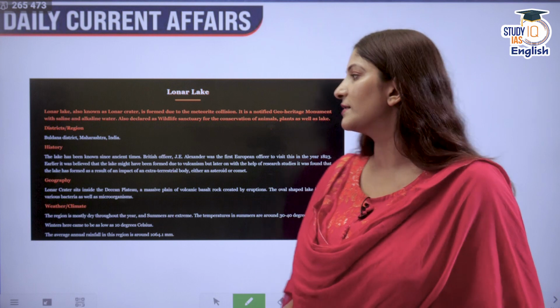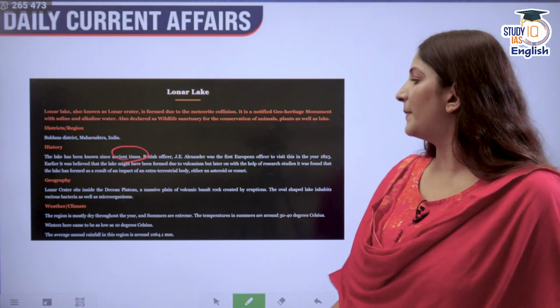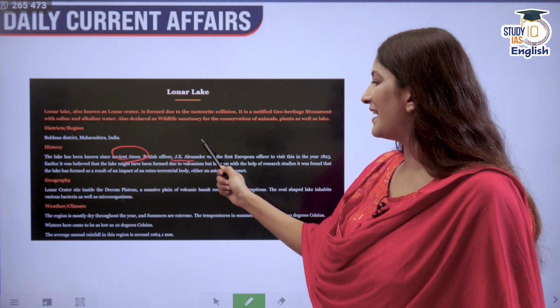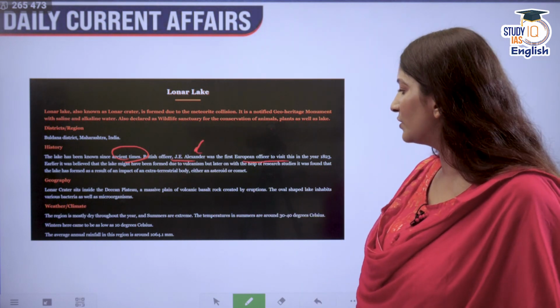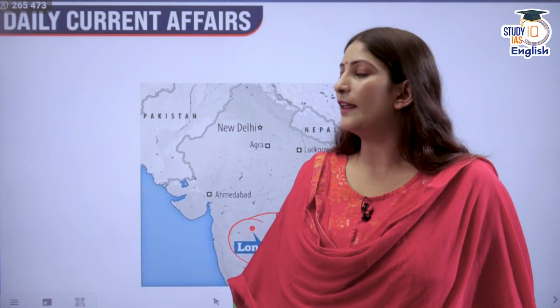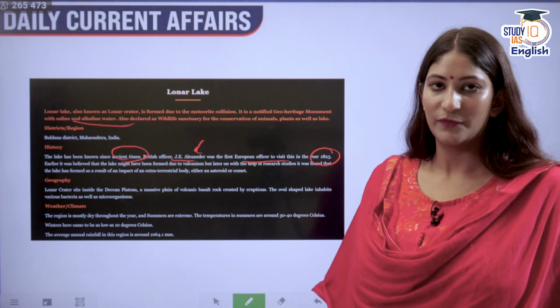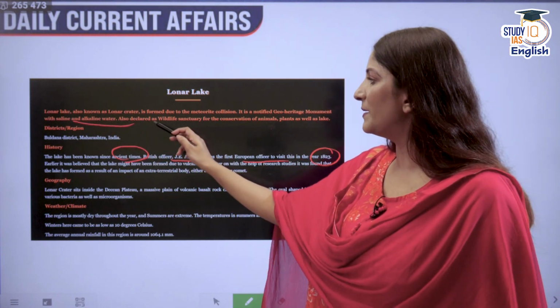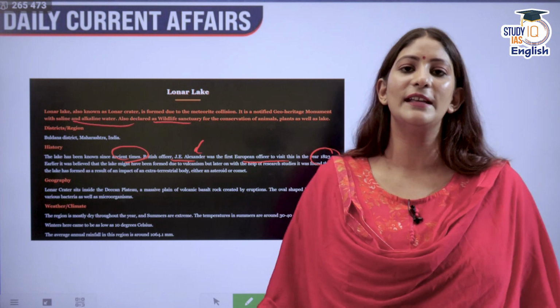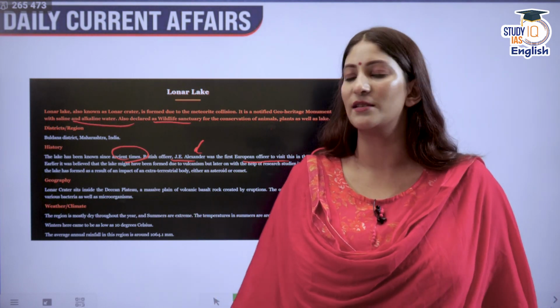The lake has been known since ancient times, but British officer J.E. Alexander was the first European officer to visit it, in the year 1823. It has saline and alkaline water, and it has also been declared a wildlife sanctuary, so that the biodiversity dependent on that area is well preserved as well.